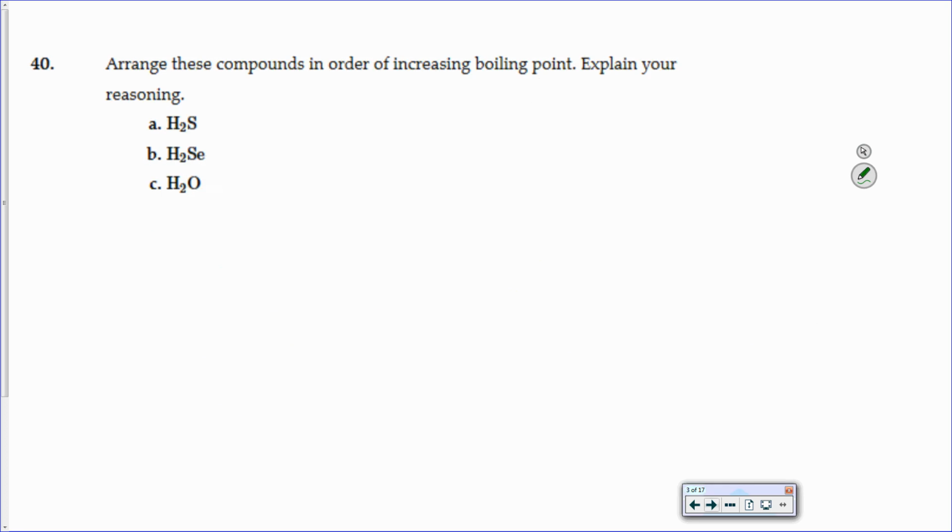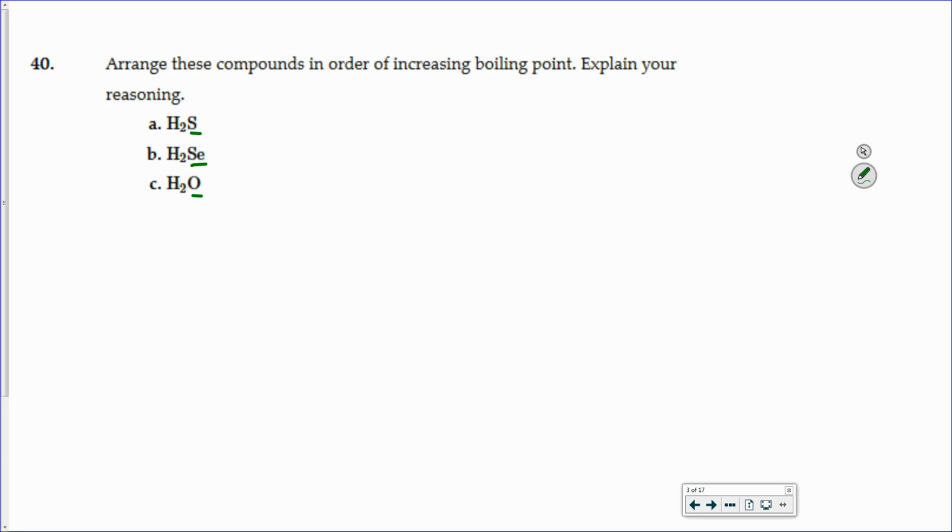Okay, so another type of question, we did something like this in lab. I want to try to put these things together based on their boiling points. So to do that, I need to know what their geometries are and what intermolecular forces are occurring. Now these are all things that have hydrogen connected to them, and the element that varies, the sulfur, the selenium, and oxygen, are all members of the 6A family.